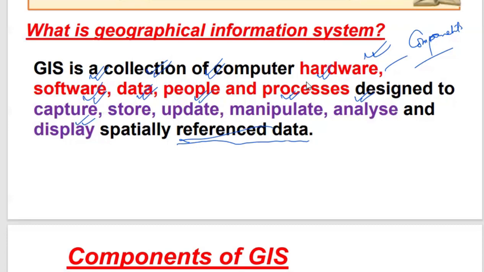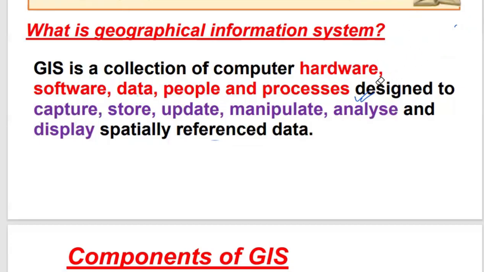The processes are the different processes that happen throughout the use of GIS. We talk of processes like remote sensing, which is part of the processes in GIS as a system. That is the idea behind GIS as part of the study of geography.